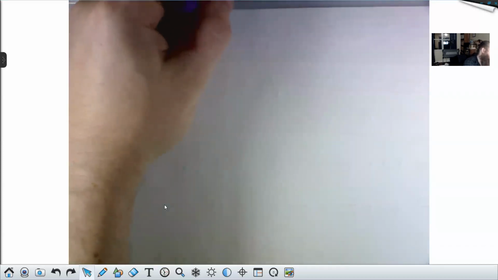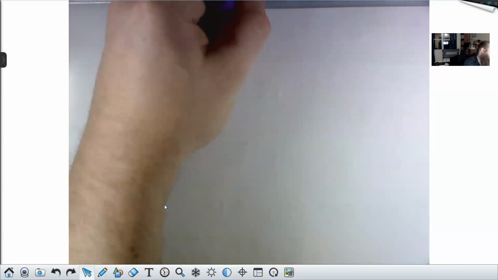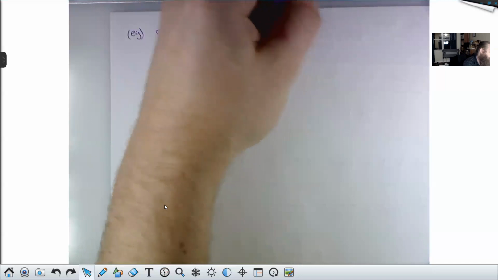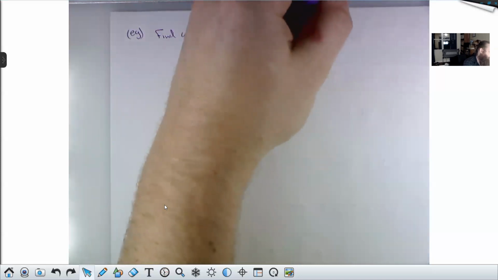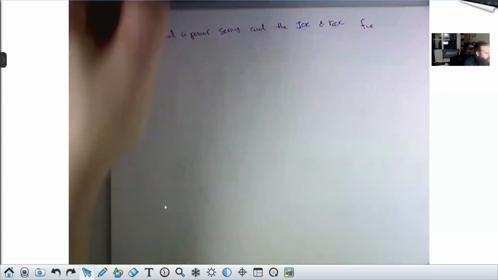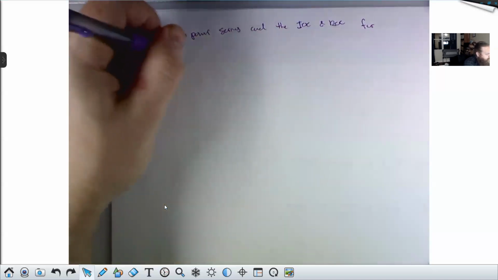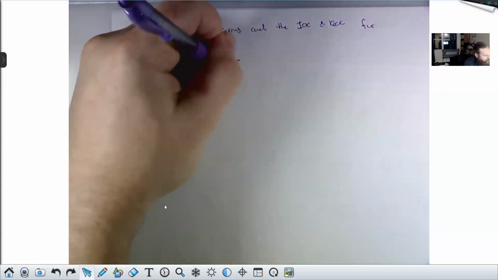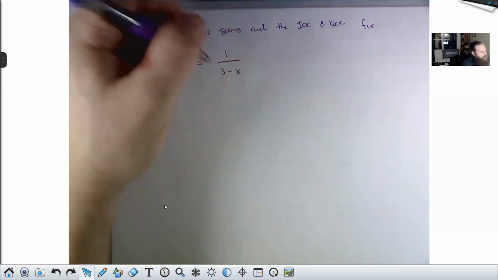So again, we're going to find a power series and both the IOC, ROC, interval and radius of convergence for the function, let's call it f of x equals 1 over 3 minus x.